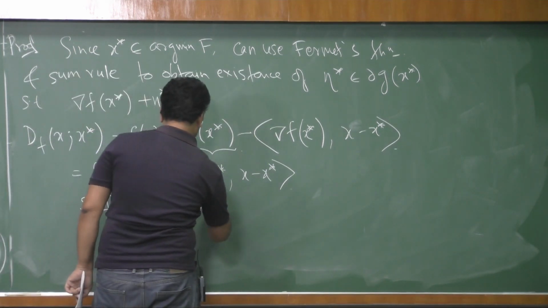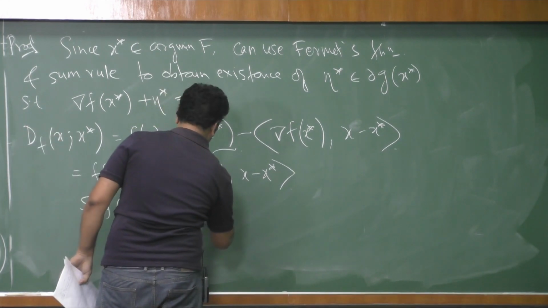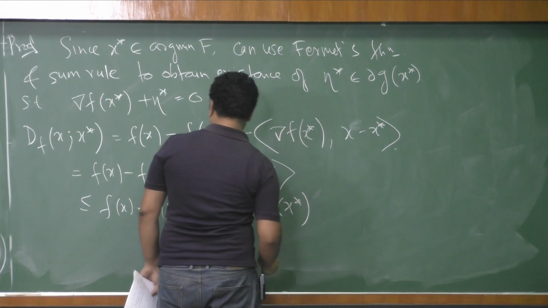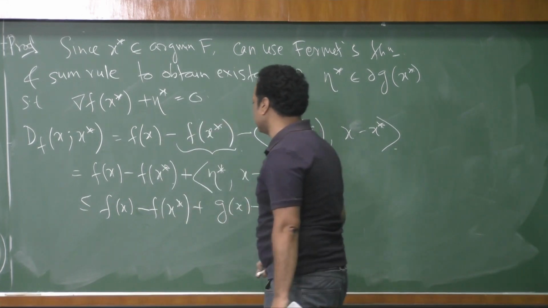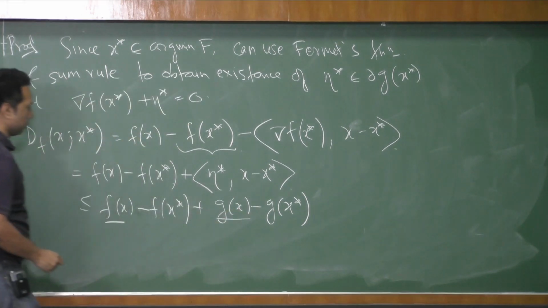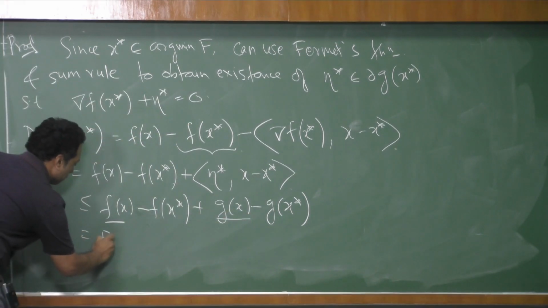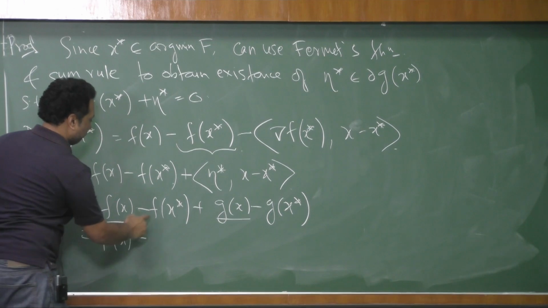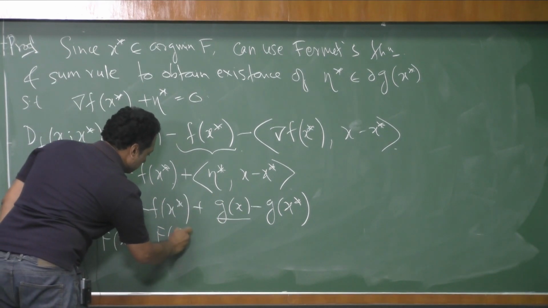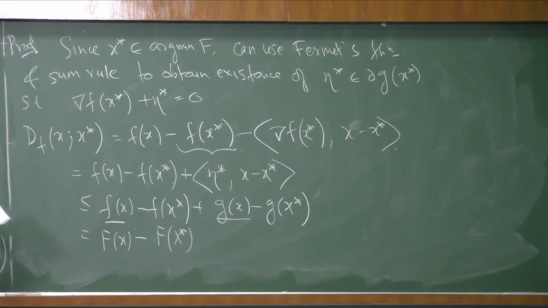So this is like g(x) minus g(x star). Okay, so this is less than this, and this guy plus this guy, we know it's capital F. So this is capital F(x) minus this guy, and this guy is F(x star), which is also the infimum of f.